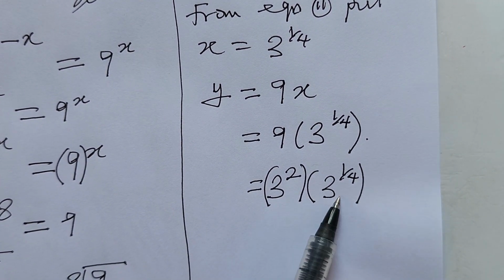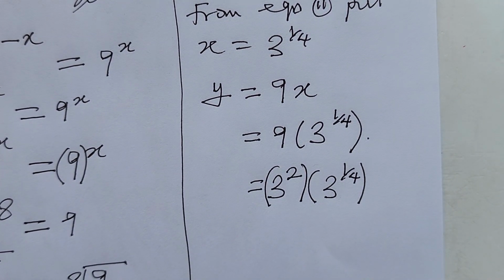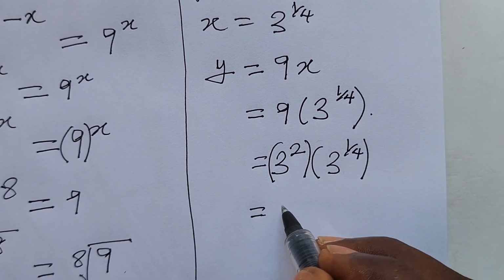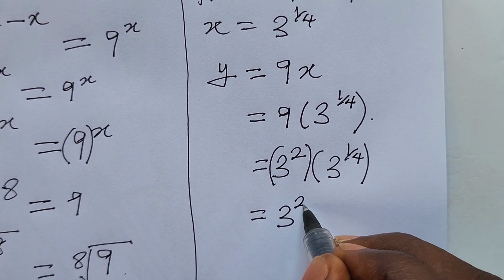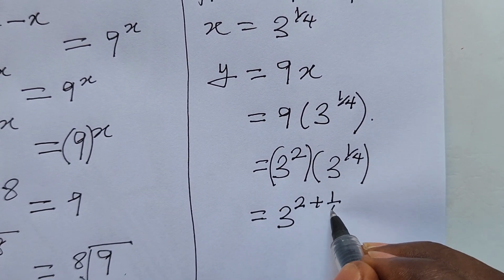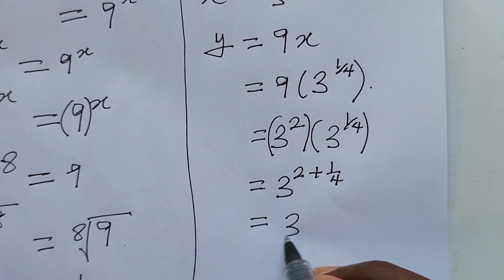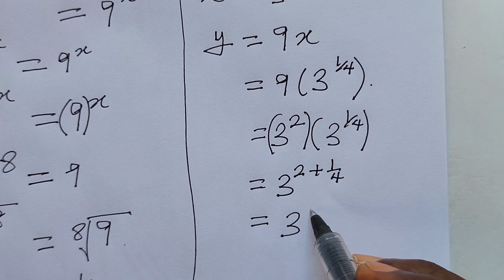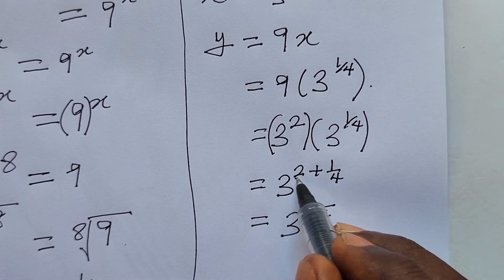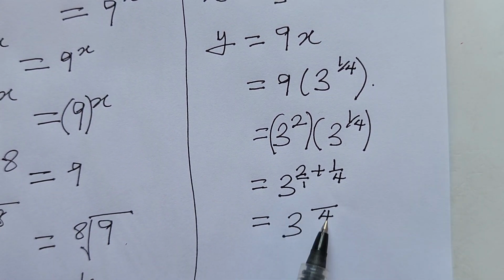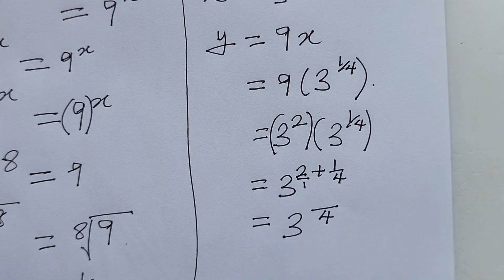The base numbers are the same, and so we can add the exponents. So this is going to give us our 3 to the power of 2 plus 1 all over 4. The LCM is just 4. So this is all over 1. So this divided by this will give us 4. So 4 times 2 will give us 8.